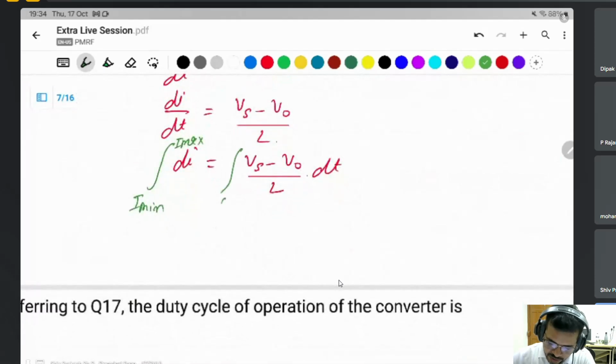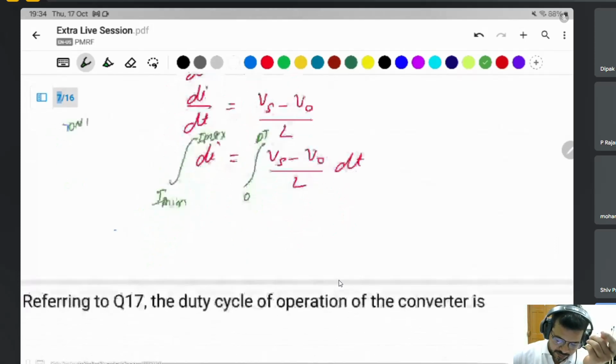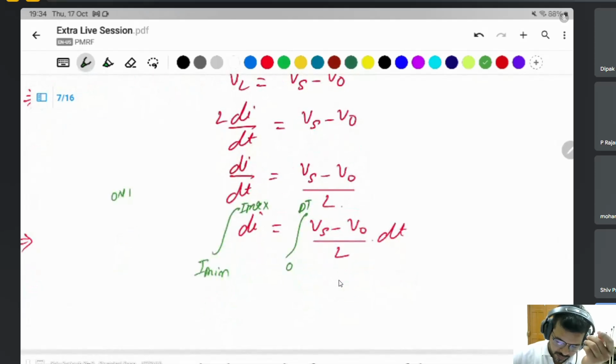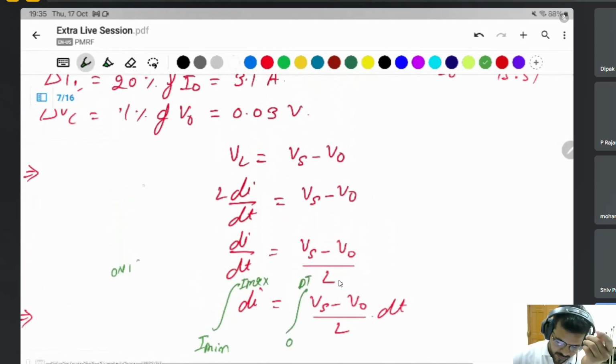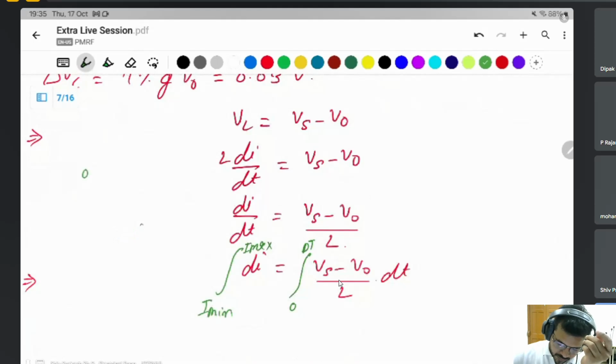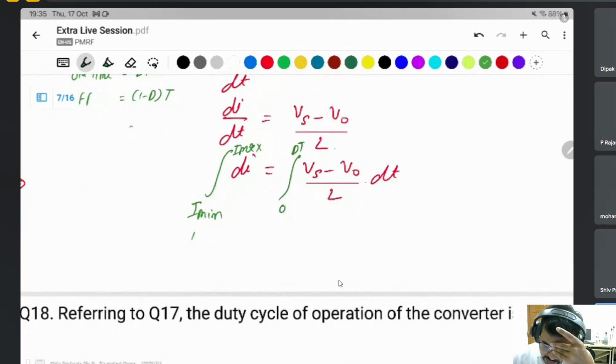So what is the time of this one? From 0 to DT, the duty cycle on time is DT. The off time is 1 minus D times T. Then I max minus I min is equal to Vs minus V naught divided by L into DT.